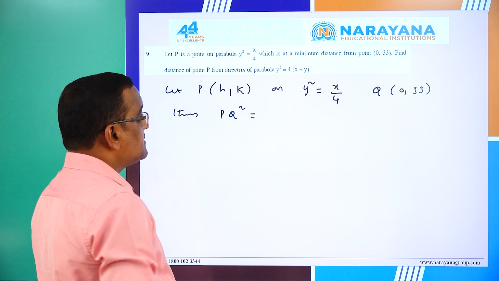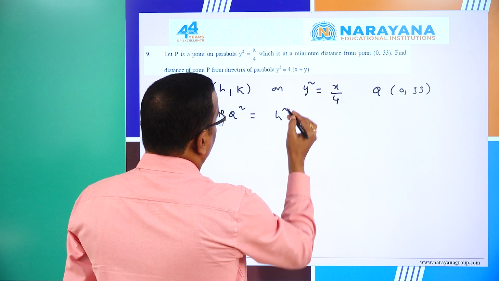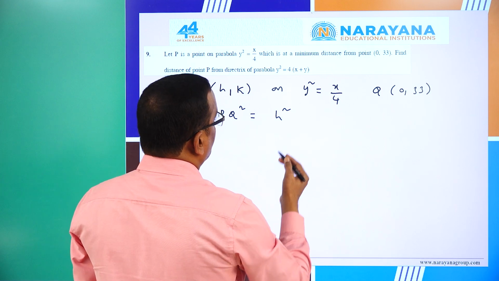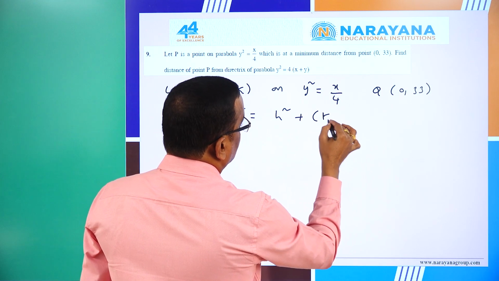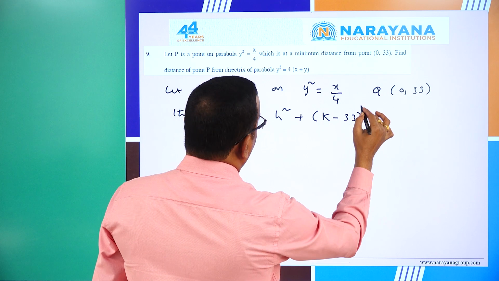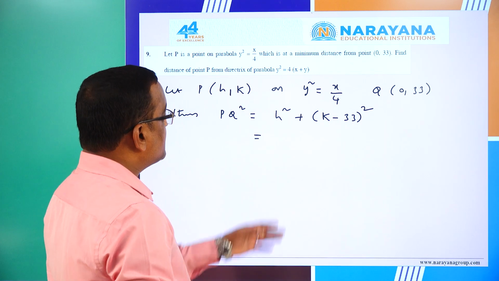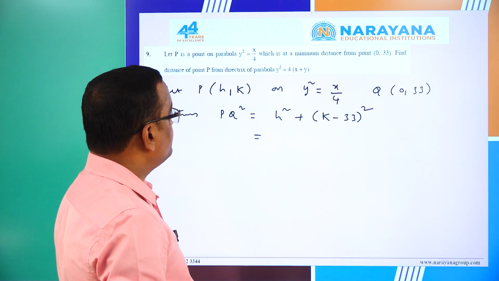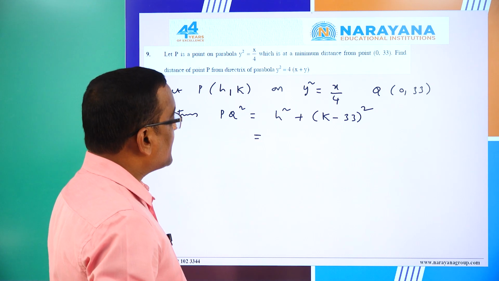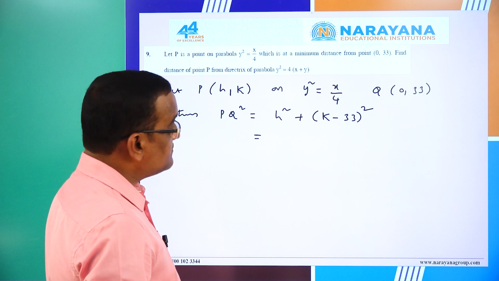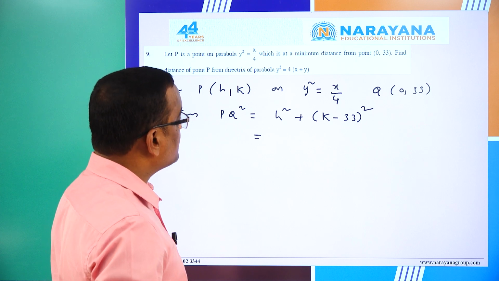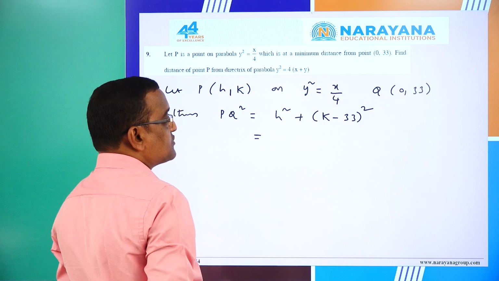PQ square is h minus 0 whole square plus k minus 33 whole square. Since h, k is a point on this curve, we have k square is equal to h by 4, because it is a point on this one.